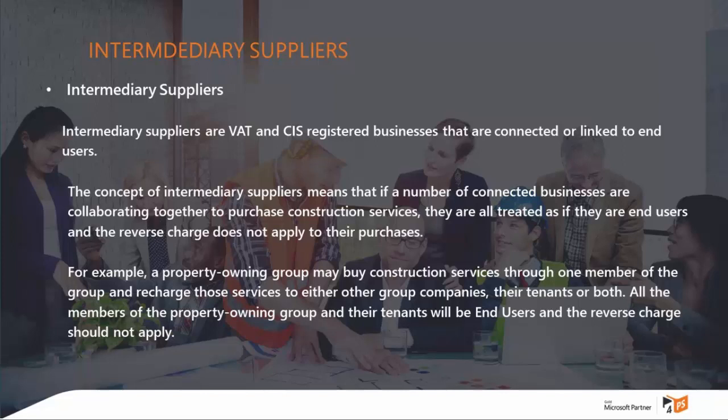An example might be a property owning group of companies who might buy construction services through one member of the group and then recharge the other group companies, their tenants, or both. All the members of that property owning group, and their tenants, would therefore be end users, and reverse charge should not apply.